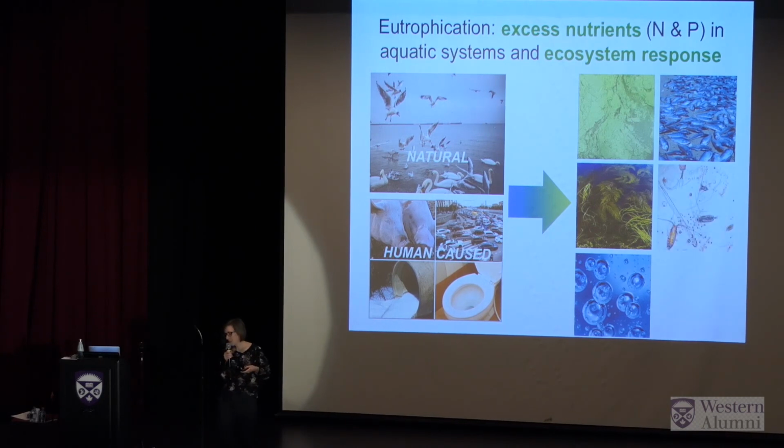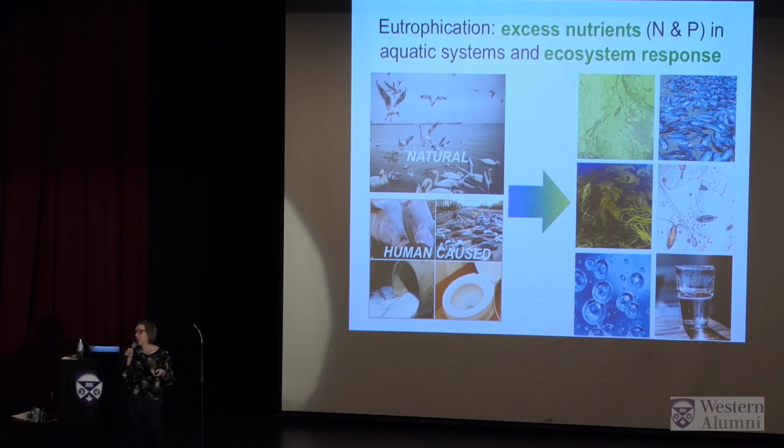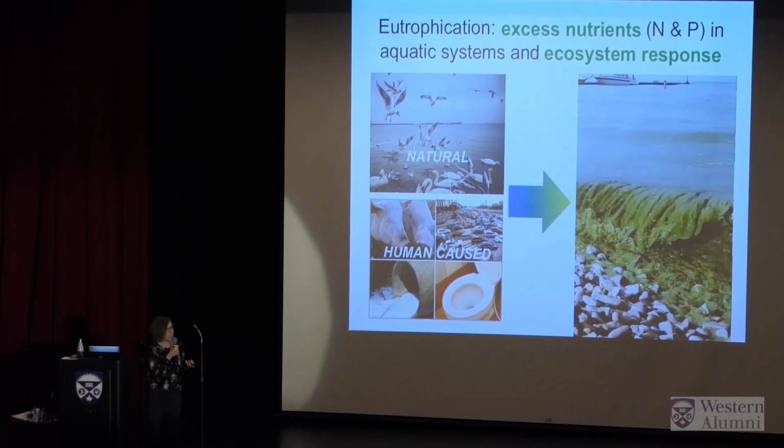You can get a decrease in biodiversity, which might seem counterintuitive because you're getting a huge increase in life in the lake with many, many algae, but only a few select species of algae really benefit, and the number of species overall goes down. And this can all lead to problems of taste and odor and even toxicity of, for example, drinking water. And it just doesn't look too good either.